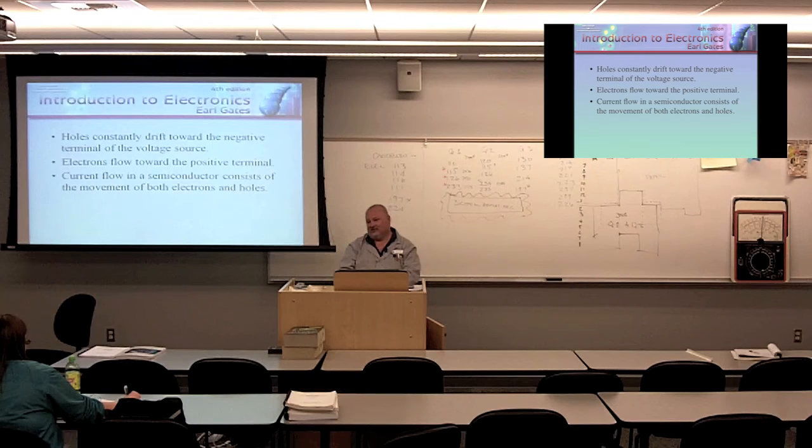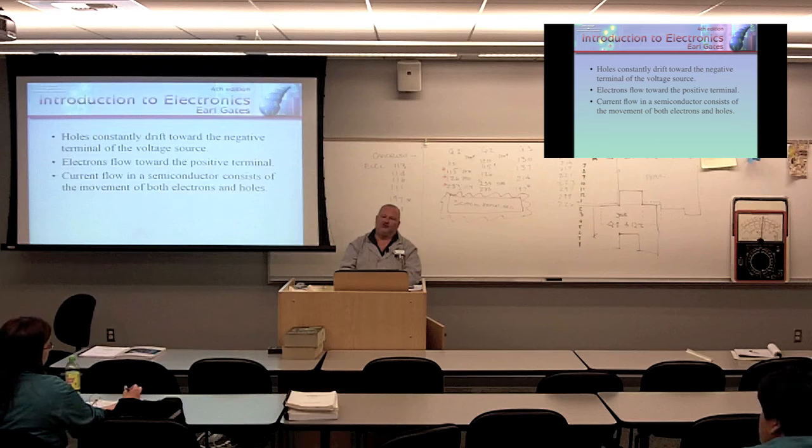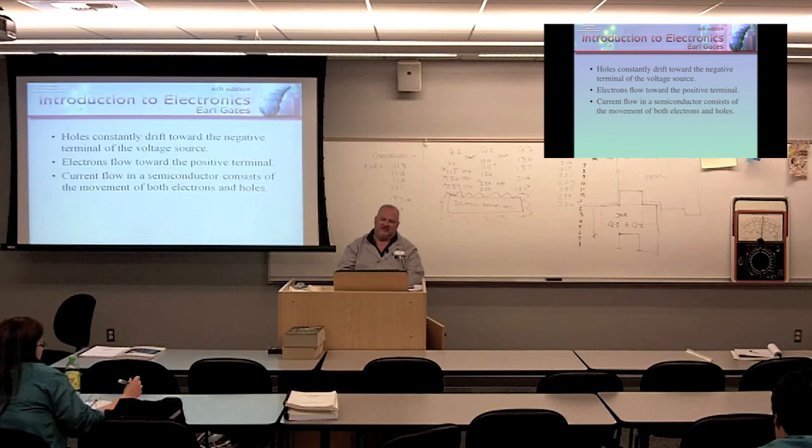The negative terminal of the voltage source. If you're an electron, what do you want to do? Fill a hole. What are your best chances of filling a hole? By hanging out on the negative terminal as the holes are attracted to you. Does that make sense? So it's a fundamental physics property of this drift that's going to take place. Now, electrons flow towards the positive terminal because they want to fill the holes.